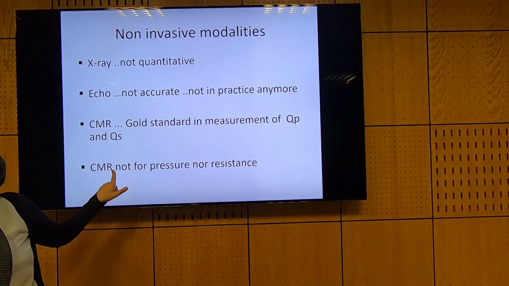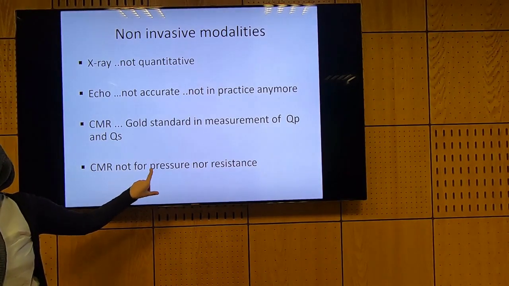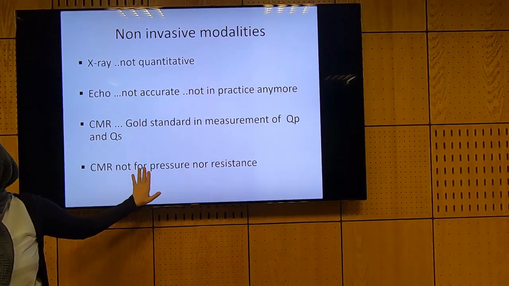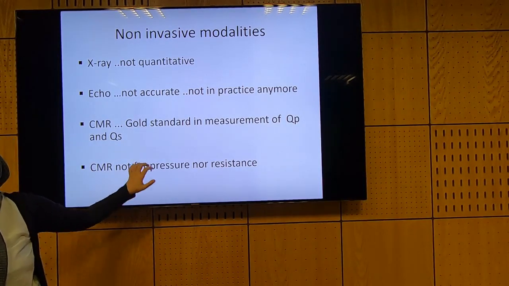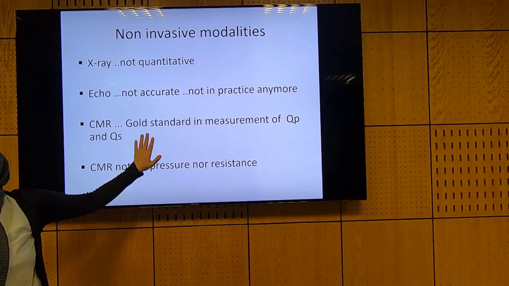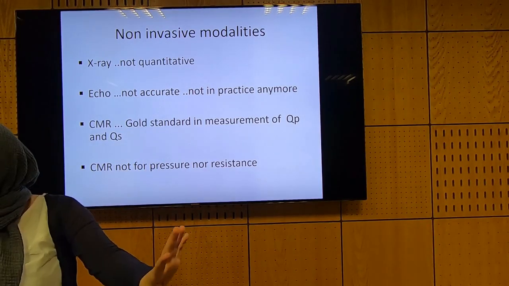Be careful, the CMR does not measure pressure. So when you have a shunting case like the lesson today, and you would like to measure the BPR, it's wise to use the cath to measure the QP/QS. But when you have a difficult case like TGA, you have to do the BPR by cath, and you have to do the QP/QS by MRI.